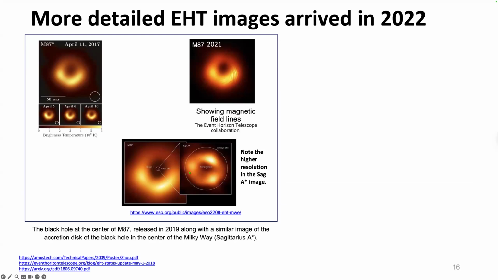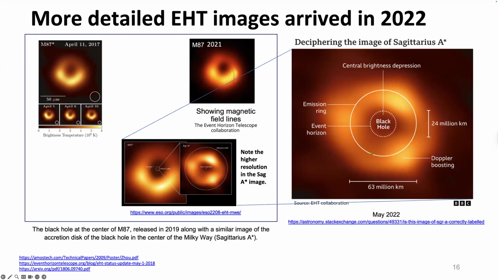All this glowing 10 billion degree plasma is close to the black hole right there. That dot is the center of the black hole, and all this activity is confined right next to the black hole.